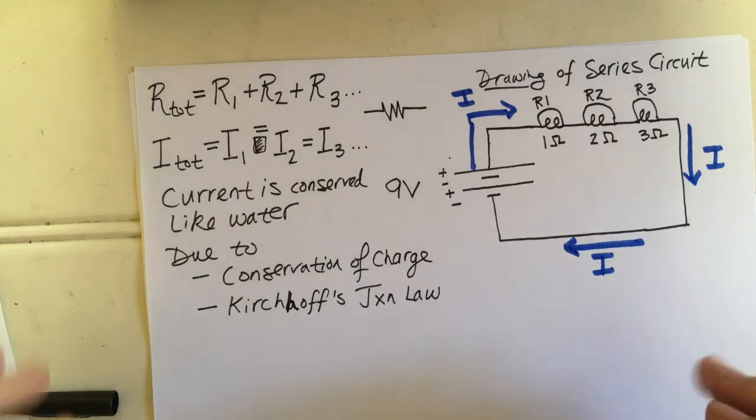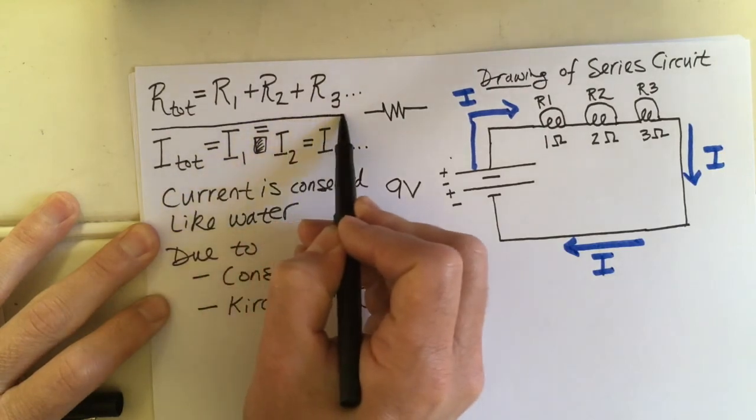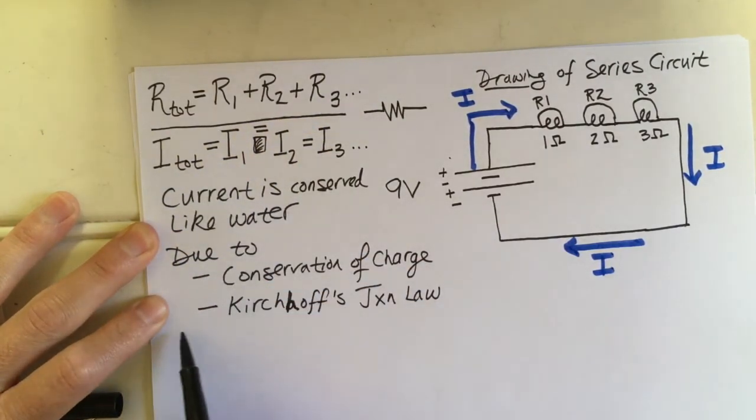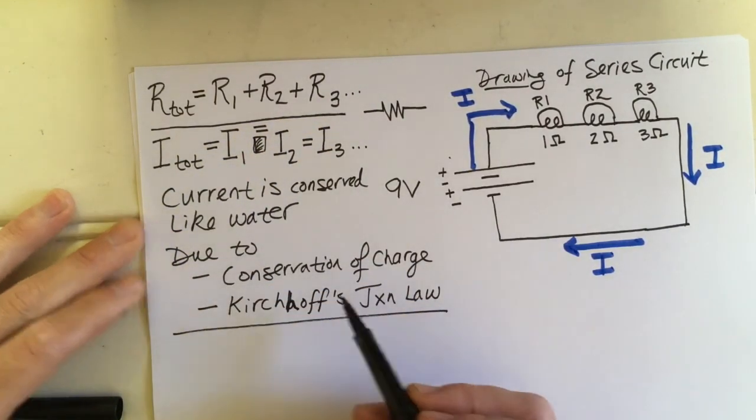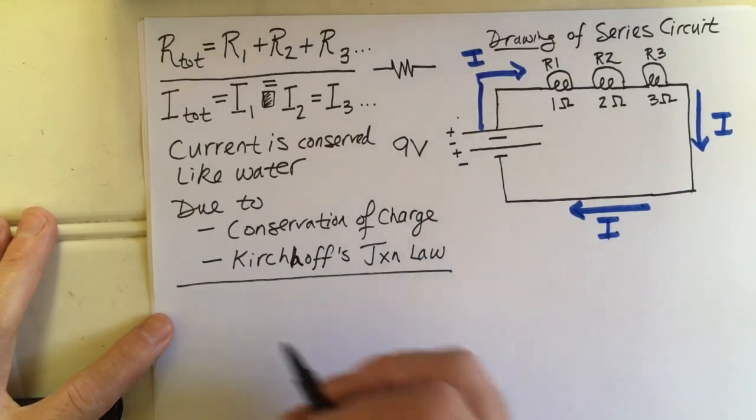Okay, so we got one rule for resistance, a rule for current due to conservation of charge and Kirchhoff's junction law. Let's get a rule for voltage.